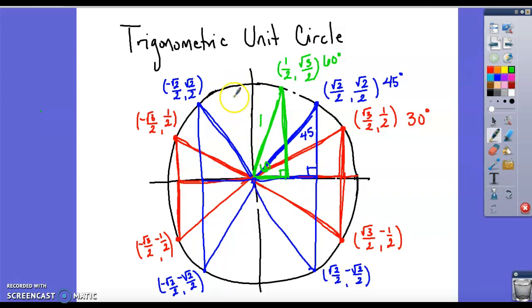Last thing I'm going to do is my 60-degree angle. And the pattern is still the same. X value is negative here and y value is positive.